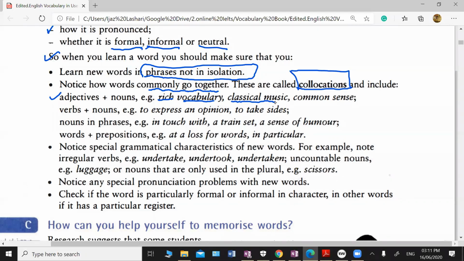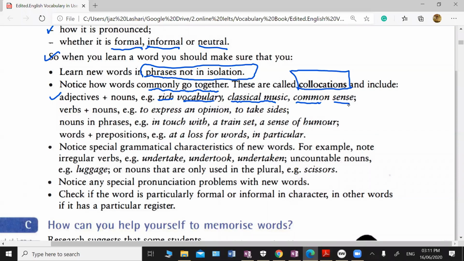Now these are adjectives plus nouns. Classical is an adjective, music is a noun. Then common sense. Common is an adjective, sense is a noun. So you try to use these collocations when you are learning new words, like rich vocabulary, classical music, common sense.